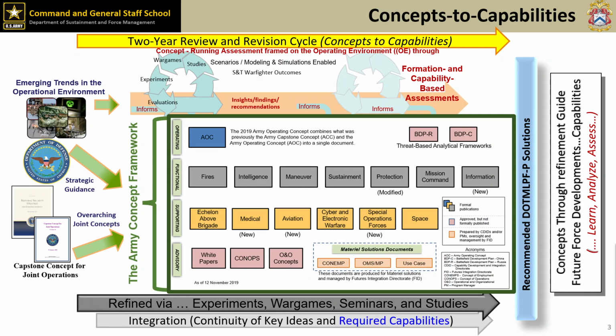Across the top is also worth noting, just to describe and hopefully picture how these concepts evolve over time, right? How experiments, war games, and studies go into further developing and refining, trying to narrow that cone of uncertainty that goes off into the future so that we are properly targeting modernization priorities.